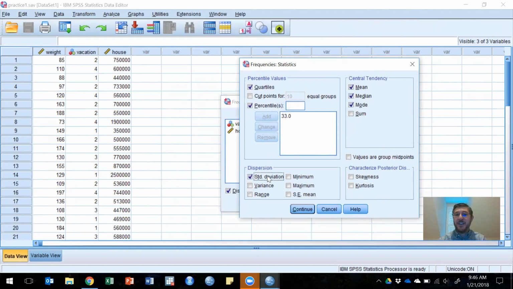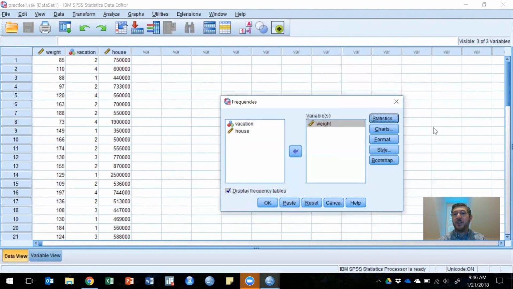We get the standard deviation, the minimum, the maximum value, the variance, the range, whatever you think might be important. We'll just get the standard deviation. If you wanted measures of skewness and kurtosis, you could also request those as well.